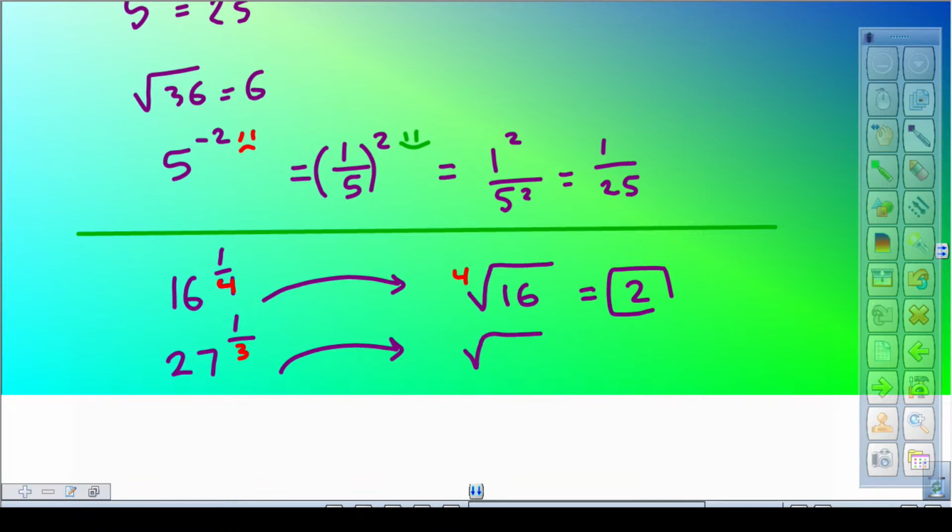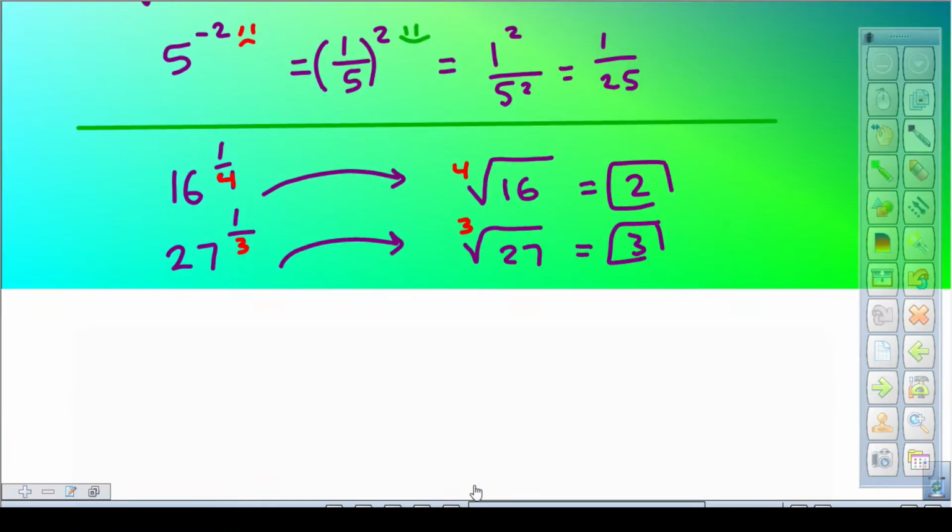Third root of the number, which is 27. So the third root of 27. They're asking: what's the number that you multiply by itself 3 times, because of that 3 here, third root, 3 times, gives you 27? And the answer is 3. That's true. Okay, looks like we're doing good.